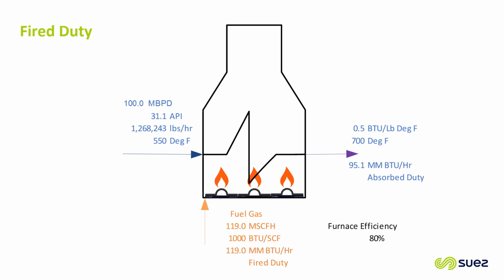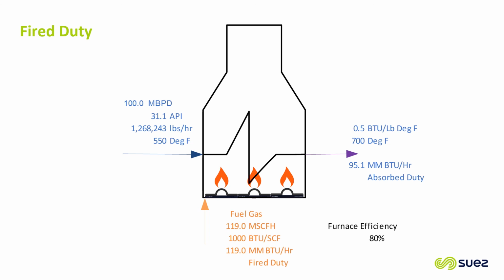Here's a diagram of a fire duty, and I've done this with both the absorbed and the fire duty. So in the orange, the fire duty takes the fuel gas rate, multiplies it by the fuel gas heating value, and comes up with a fire duty. Pretty easy calculation. You'll want to check with your process engineer to make sure that you have your million and your 1,000 scf correct, or you will be off by a factor of 1,000.